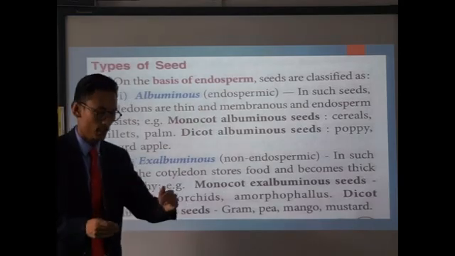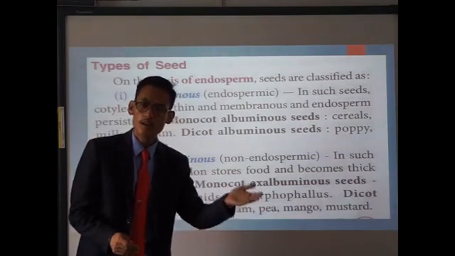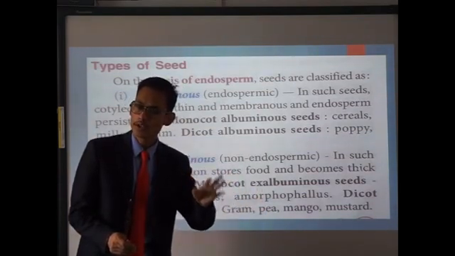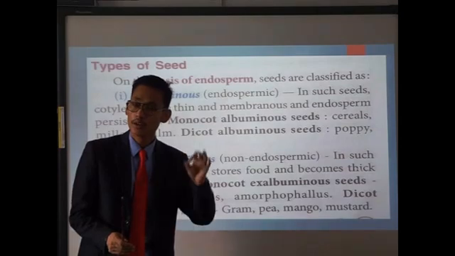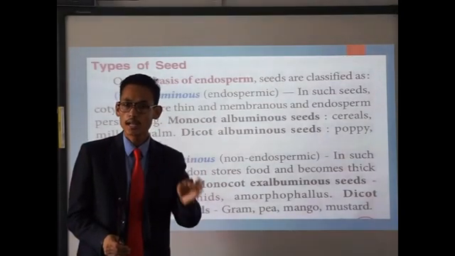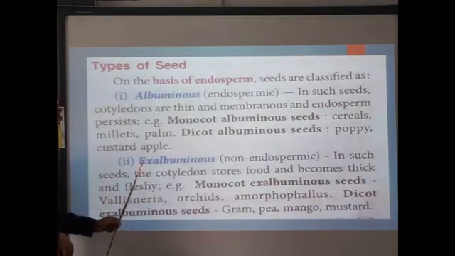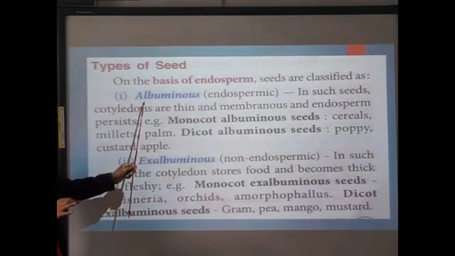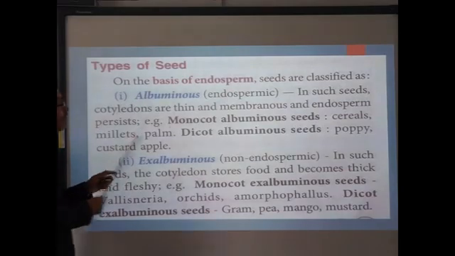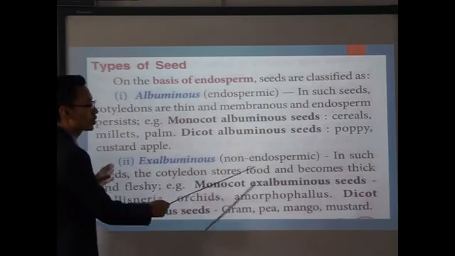So the endosperm will be utilized completely during germination, or it will not be utilized. On that basis, we have got two types of seeds: albuminous seeds and ex-albuminous seeds. Albuminous seeds are also called endospermic seeds, and ex-albuminous seeds are also called non-endospermic seeds.